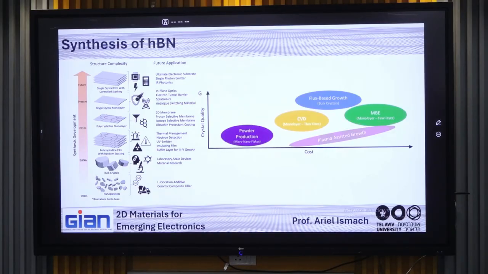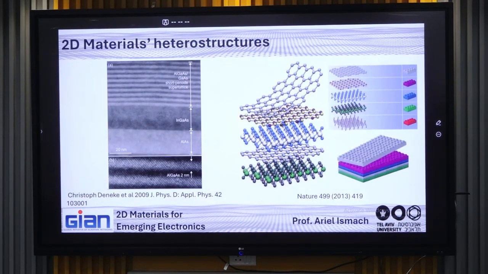So now let's move to the heterostructures. So remember that picture of the superlattice, or the structure with the materials. We talked about that, of the quantum wells that they are making.